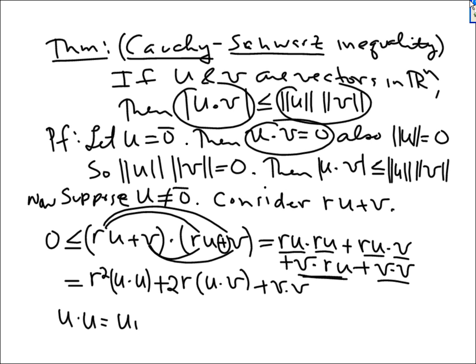You multiply the first components and get u1 squared, plus you multiply the second components, which are both u2, so you get u2 squared, all the way down to the last components, un times un, which gives un squared.